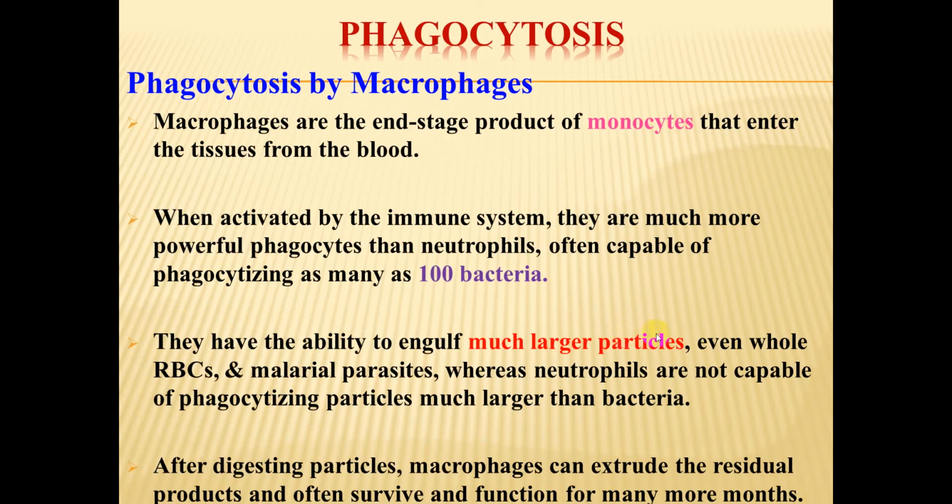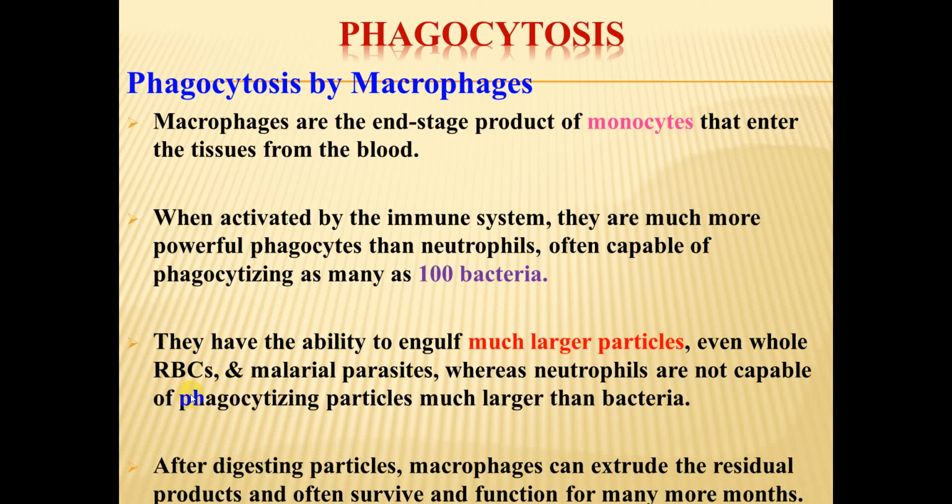By macrophage. Macrophages are the end-stage product of monocytes, as we said, once present in the tissues. When activated by the immune system, they are much more powerful phagocytes compared with neutrophils, often capable of destroying 100 bacteria, and they have the ability to engulf much larger particles, even whole RBCs.